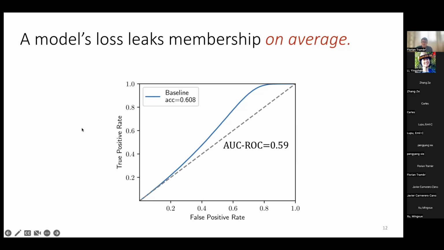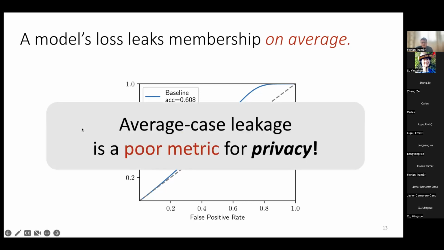And the problem that we claim with this approach is that this essentially amounts to measuring the amount of information that the model leaks on average across the entire training set, across all the points. And average case leakage is a very poor metric for privacy because it doesn't really tell you anything about your privacy as an individual.